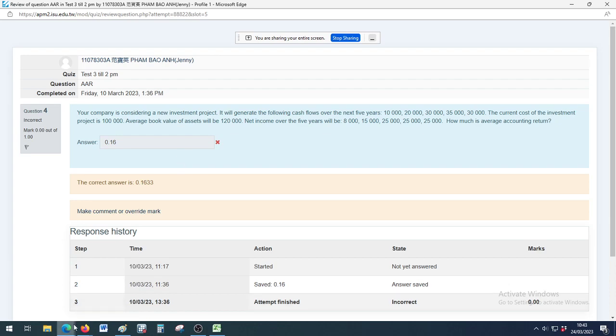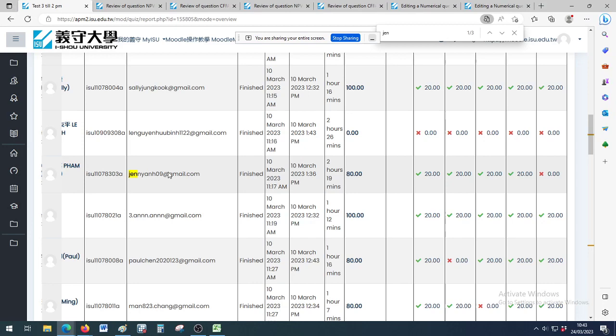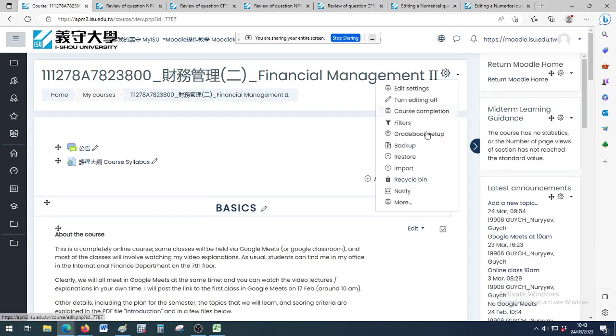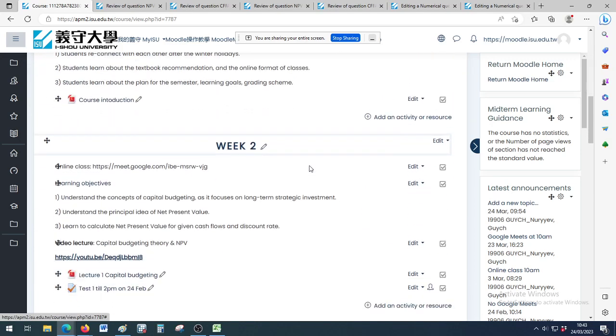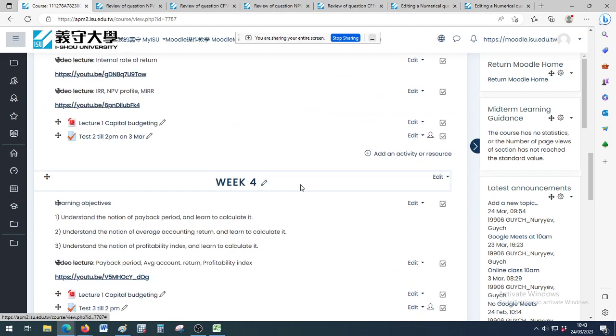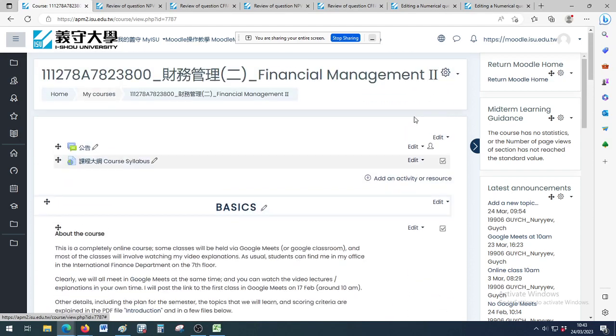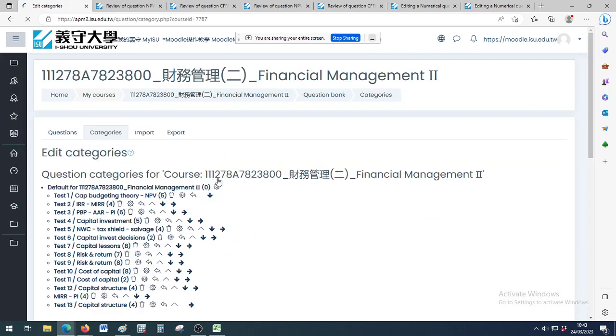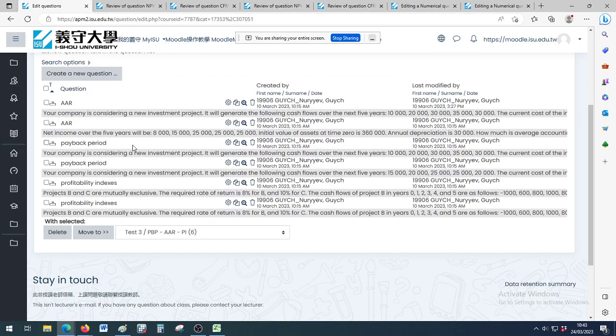Let's see, if we go to Moodle, how did I program it? So that's test number what? Week 4, test number 3. Average accounting return. Is it this one? Yes, it's this one.